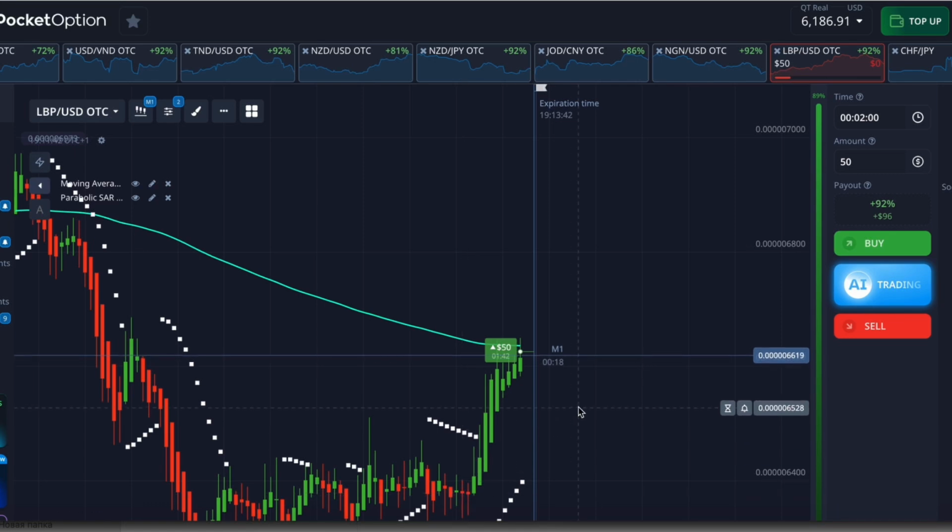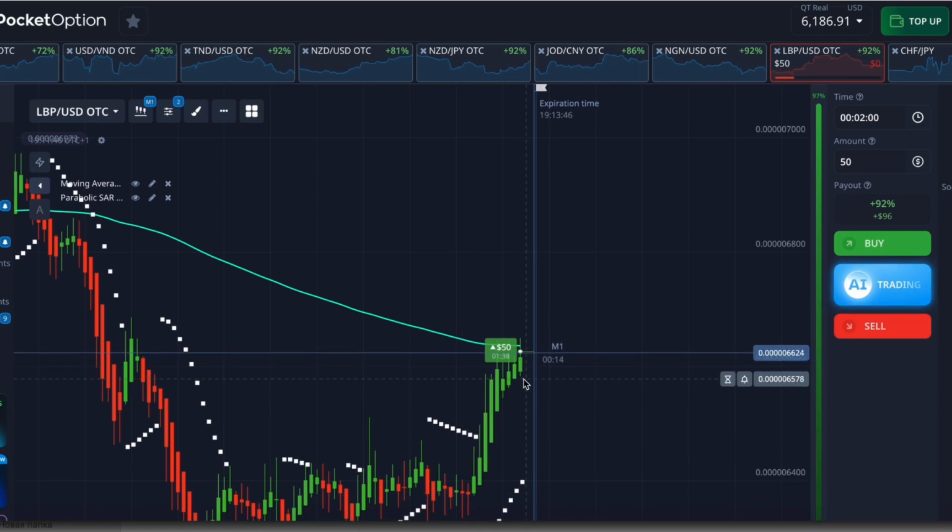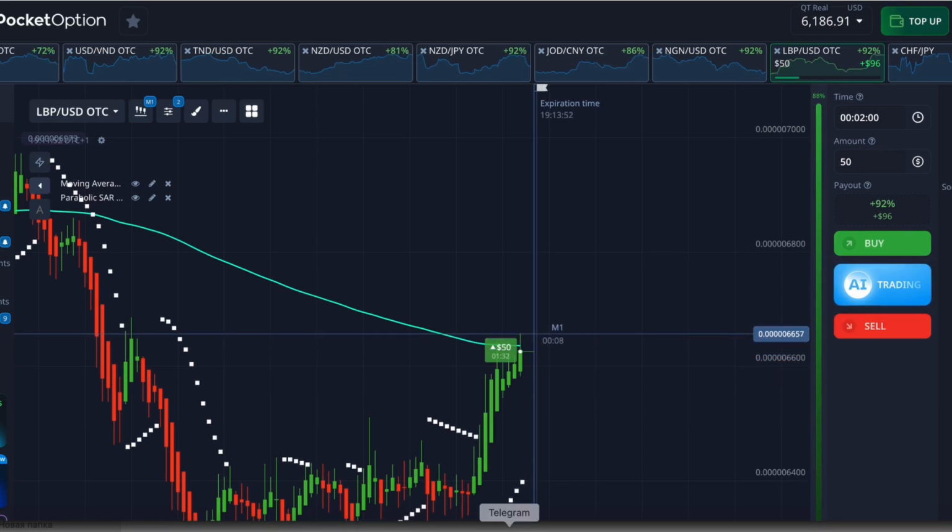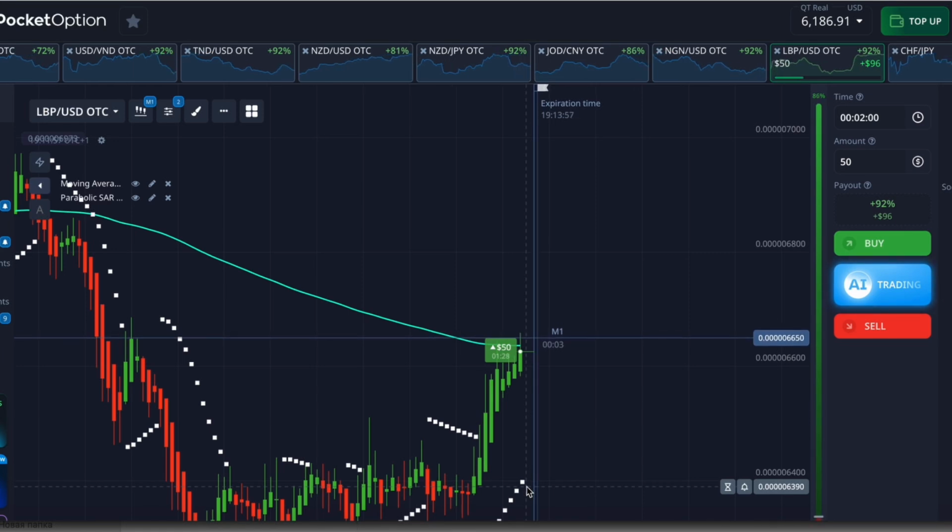Okay, let's find next currency pair. Okay, LBP USD. Now all strategy conditions are aligned. We have a confirmed parabolic SAR reversal, the price made a pullback, and is positioned correctly relative to the MA.